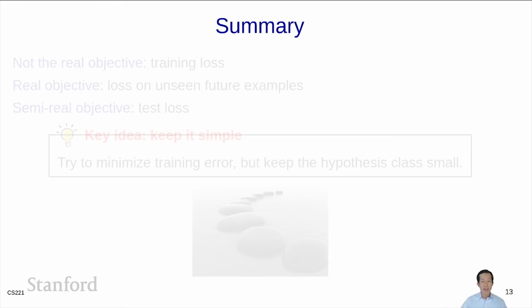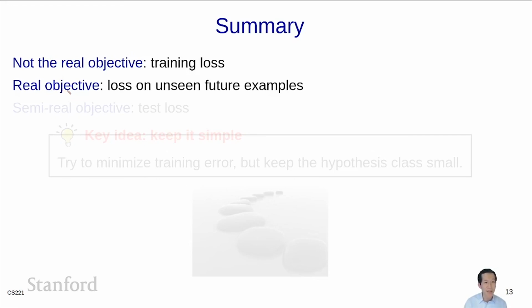Okay, so let's summarize now. We started by saying the training loss is not the true objective. The real objective is minimizing the loss on unseen future examples. Unfortunately, we don't have access to that, so we're going to settle for the loss on some test data, which serves as a surrogate to the unseen future examples.